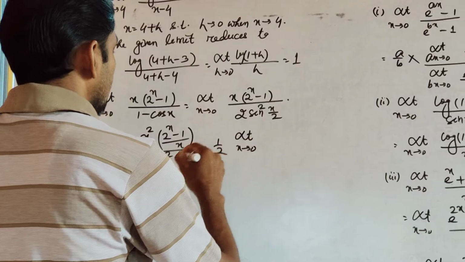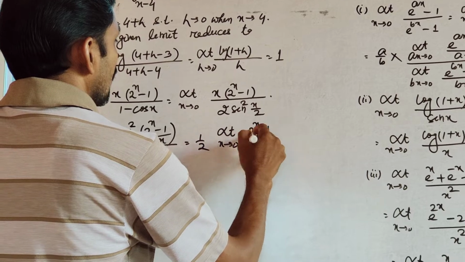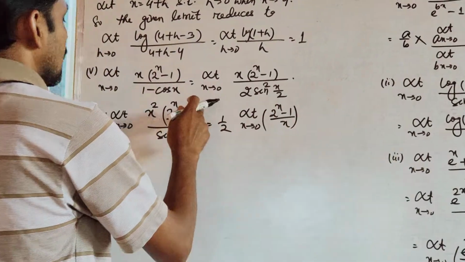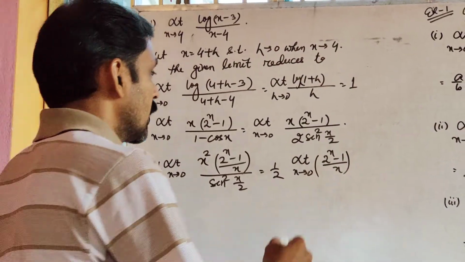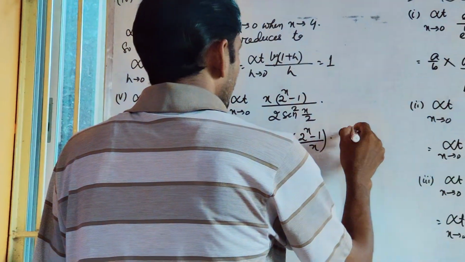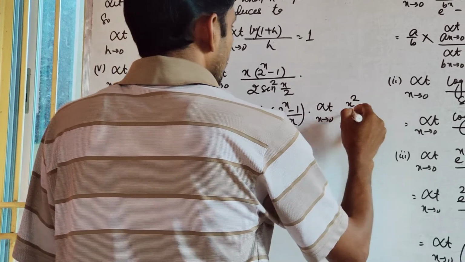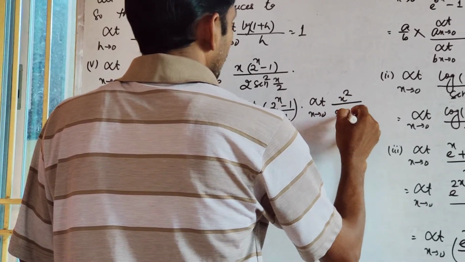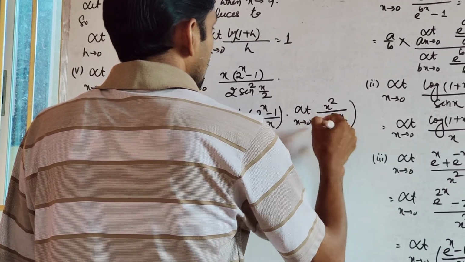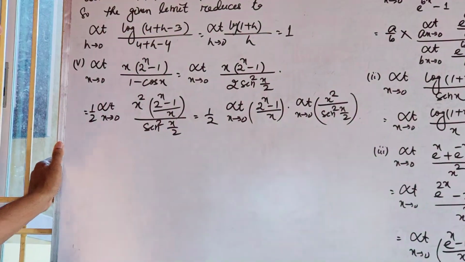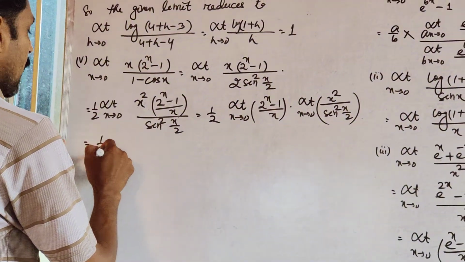Okay, x tends to 0. 2 to the power x minus 1 by x, this is what? Log a, here a is 2, means log 2. So half log 2, into, again limit x tends to 0, it is x square by sin square x by 2, this is 1 by 2.